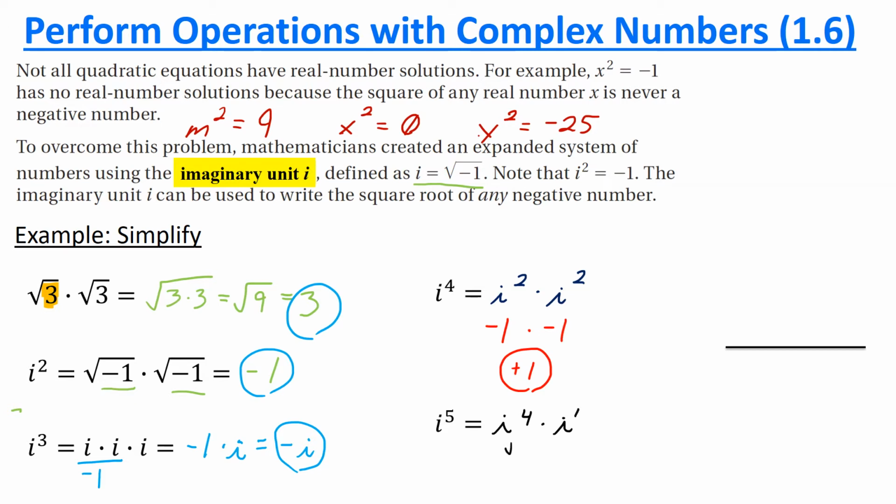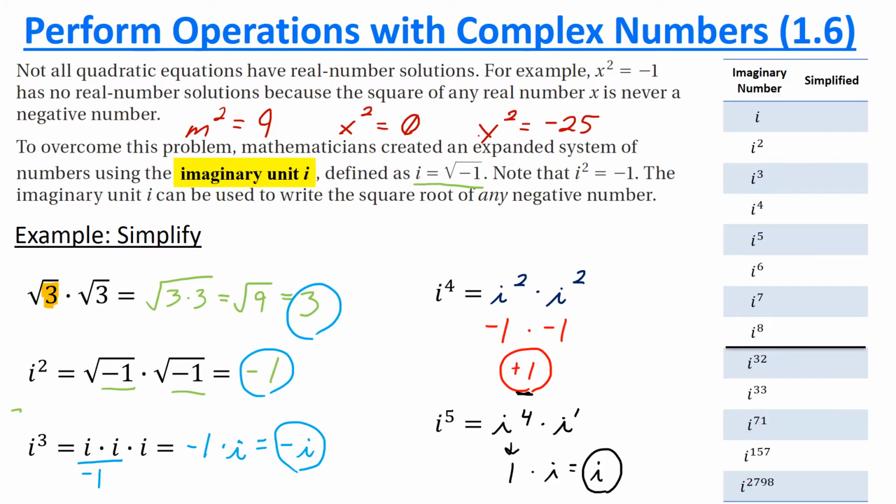And i to the fourth power, as we see above, is positive 1, and 1 times i is i. What I want you to do next on your own is complete this table and then look for any patterns. Once you figure out if there is a pattern, try to figure out these parts over here.